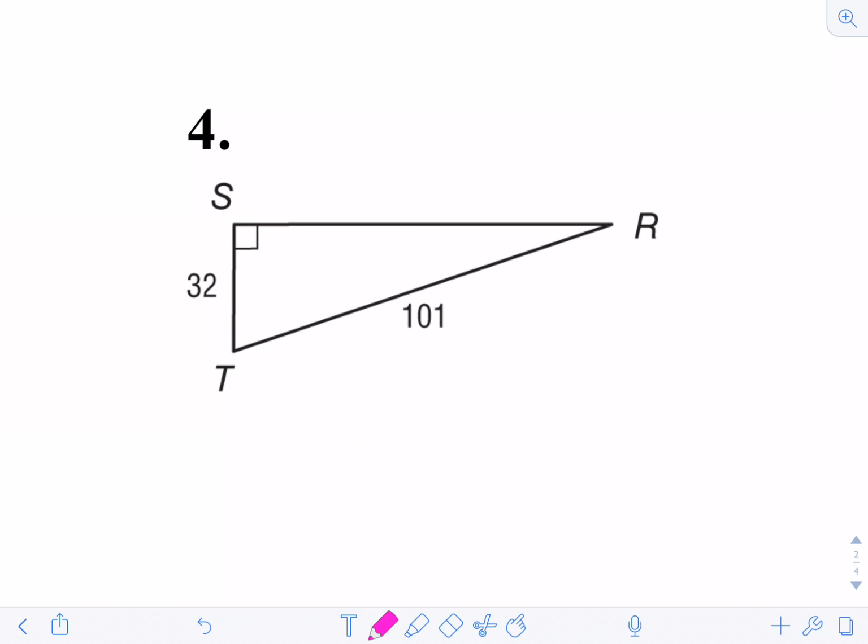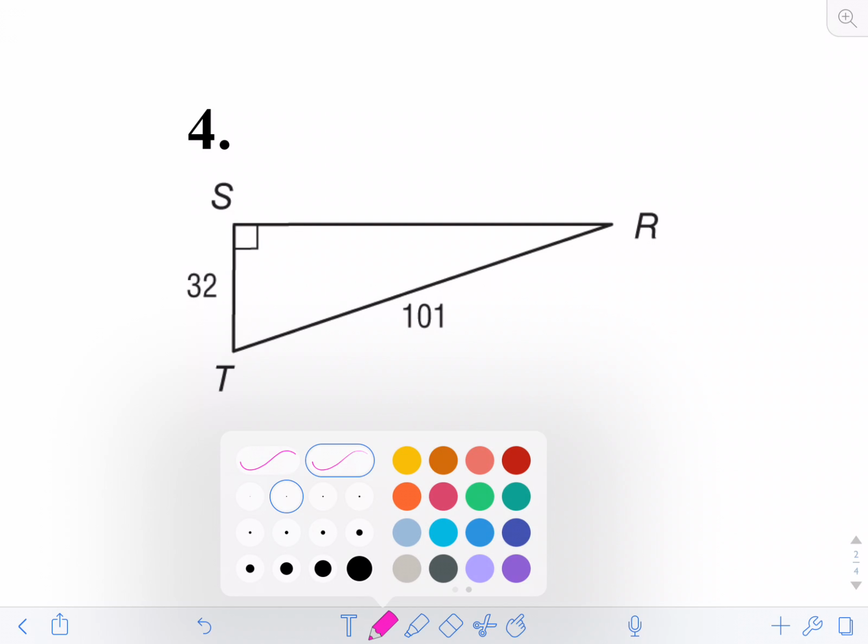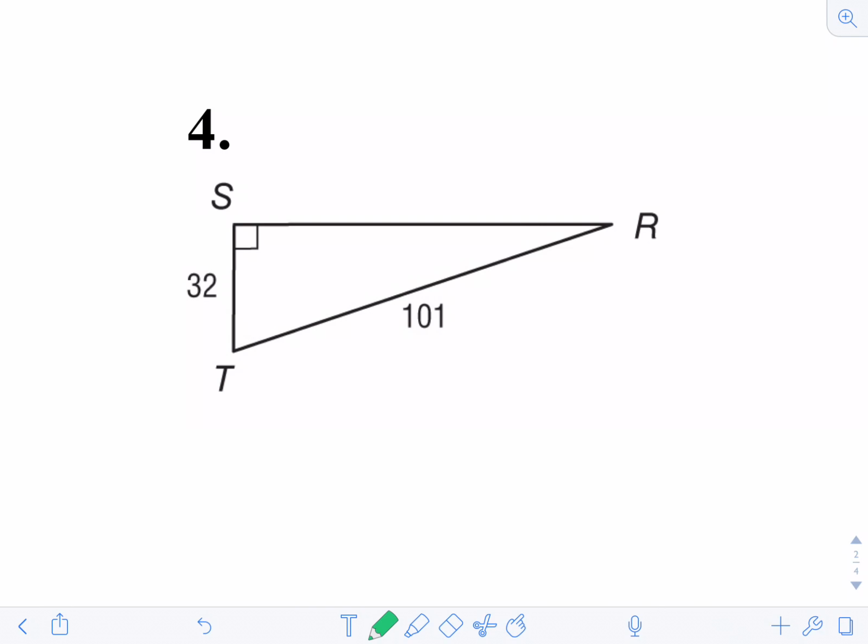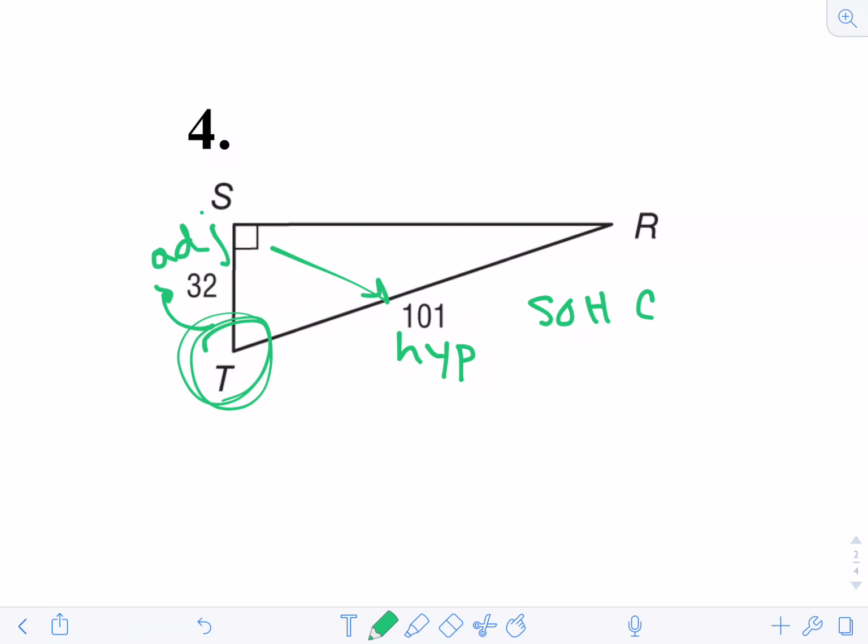All right, last one that we're going to do. For this one, we'll do a greenish color. Again, we're finding the measure of angle T. Here we have adjacent, and here this is our hypotenuse. So SOHCAHTOA. We want adjacent and hypotenuse, so that's our cosine.